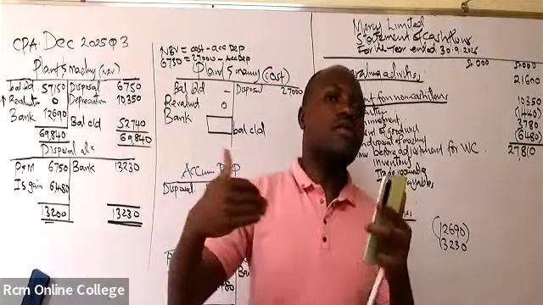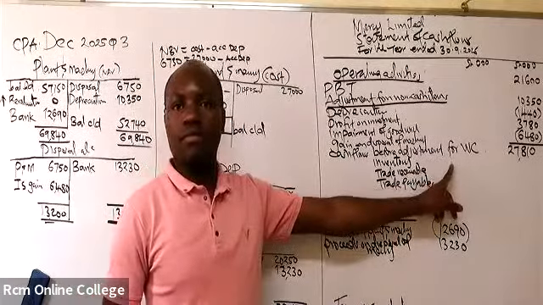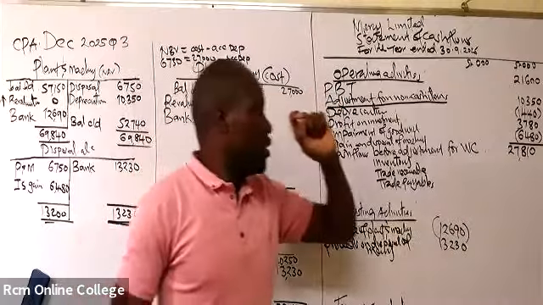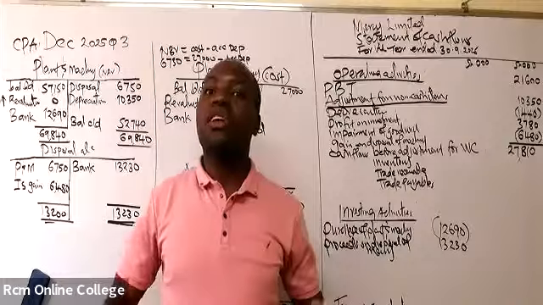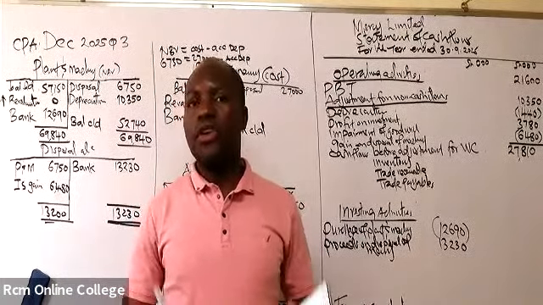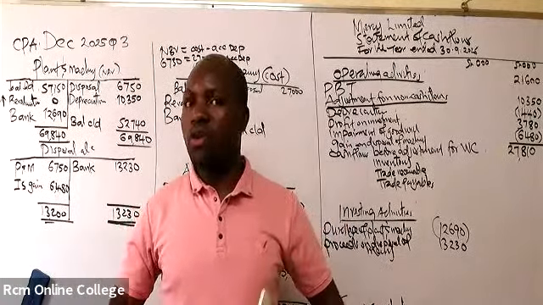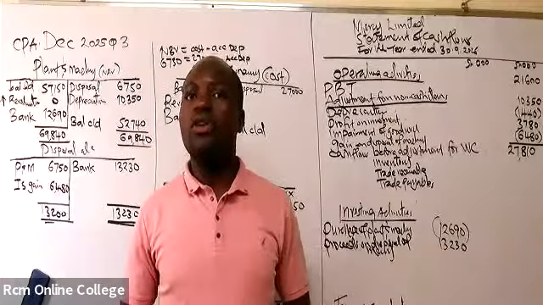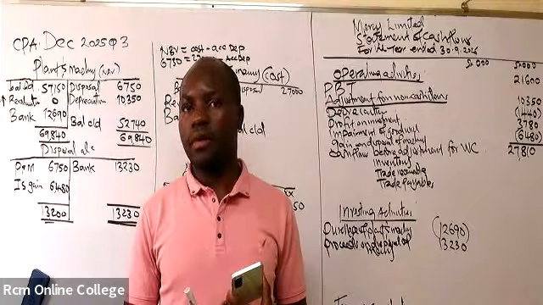So, increase in inventory is cash outflow. We put negative. Increase in trade receivables, you've given more goods on credit. That is cash outflow. Decrease in trade receivables means your customers have now paid what they owe you, and therefore it is cash inflow.